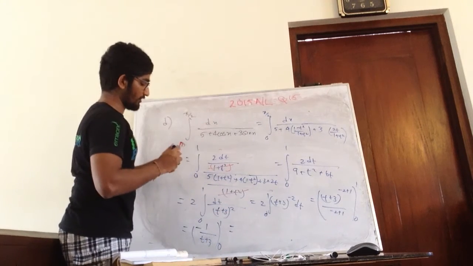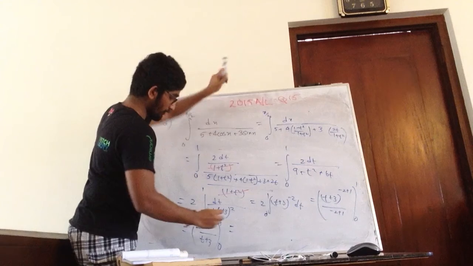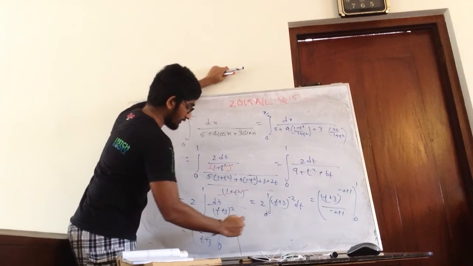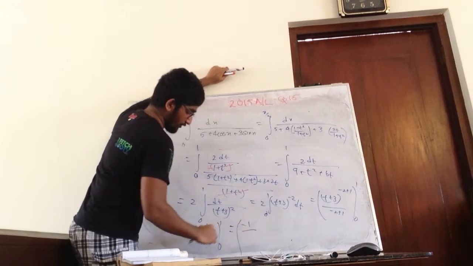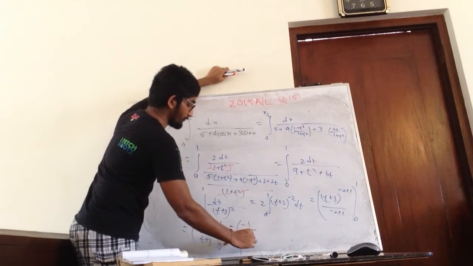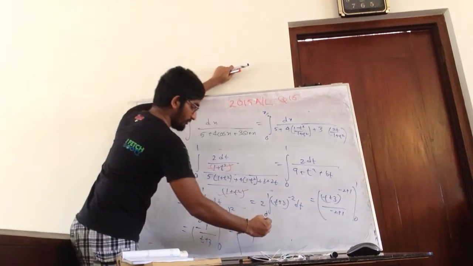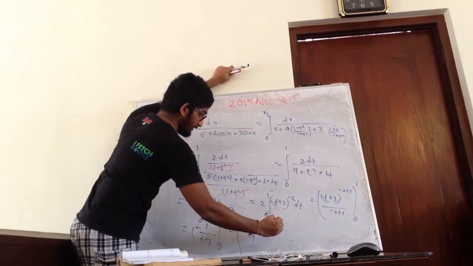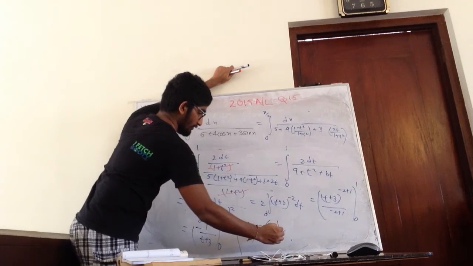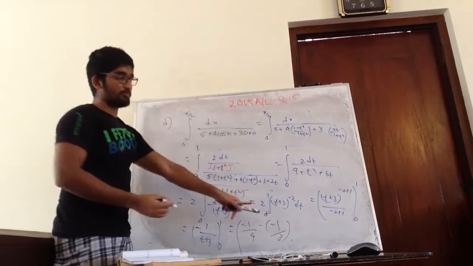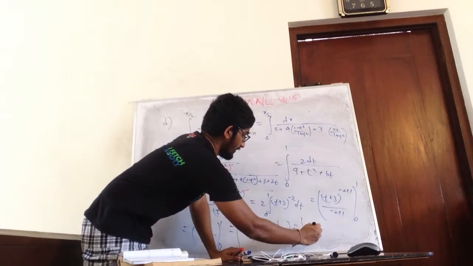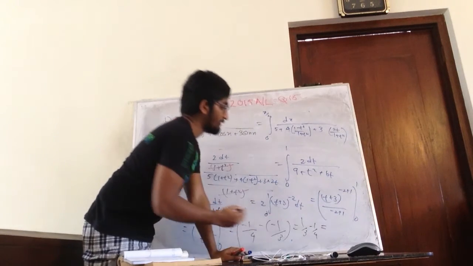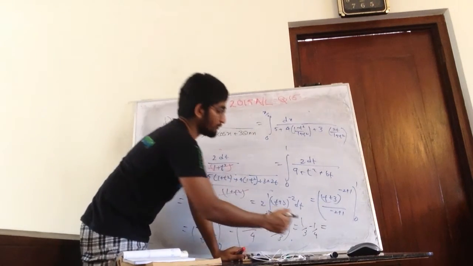Then if I write this out, the answer will be, it's basically substitution of t equals 1. So t plus 3 is 1 plus 3, which is going to be 4. For 0 it is going to be minus 3, so this is going to be plus. So positive 1 over 3 minus 1 over 4. That comes up to what?